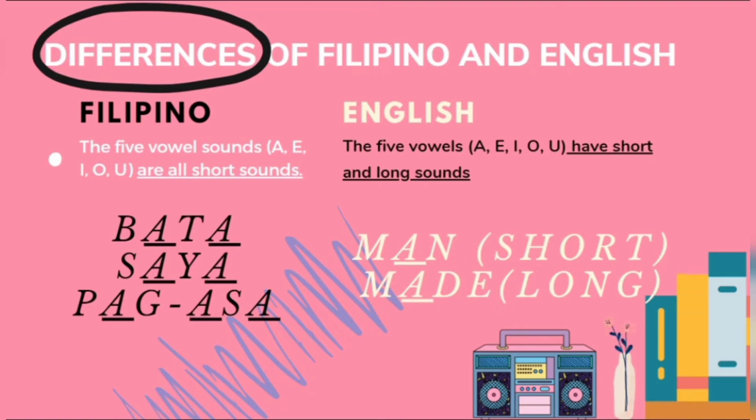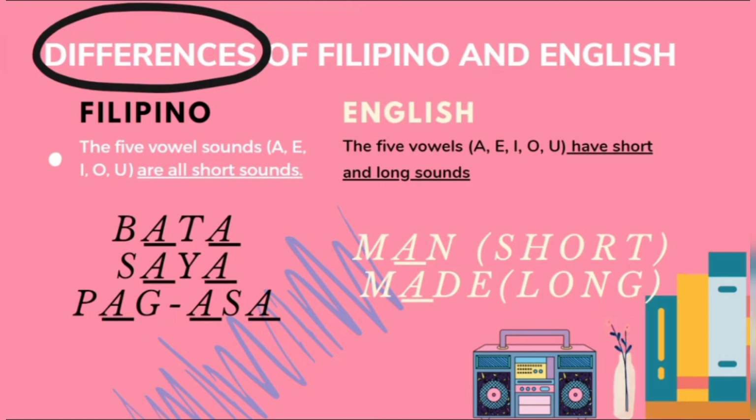In English, short and long sounds are used. A long sound is a combination of 2 vowel sounds. For example, the combination of E and A will sound like A. The combination of O and I will sound like Oy.